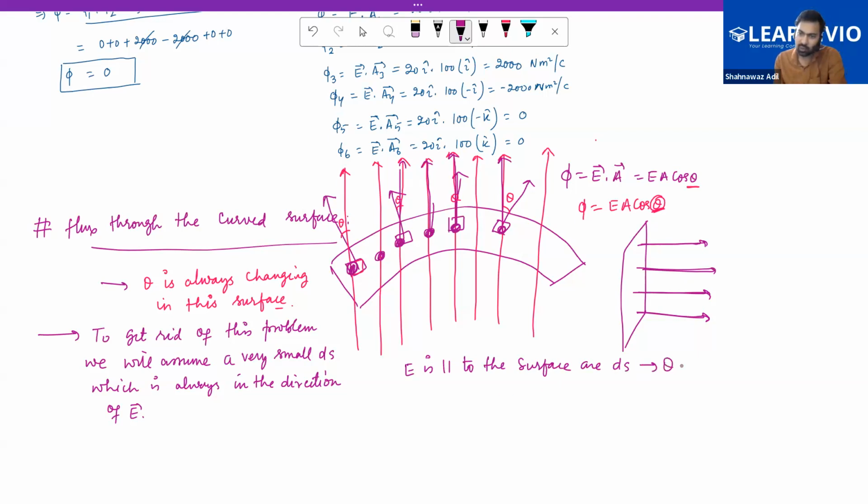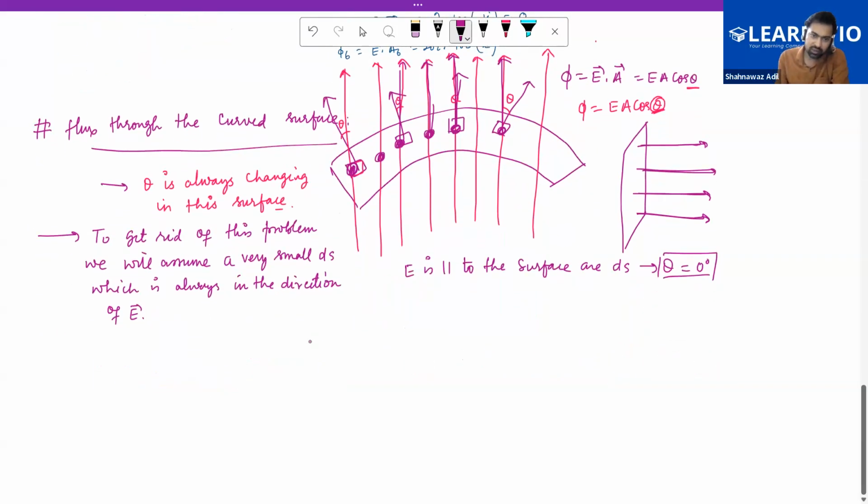So your theta would become how much? This is always parallel, so theta is always 0 degrees, right? So you will take this small E dot dS and you integrate through the whole area.